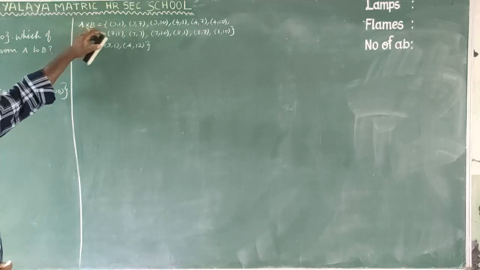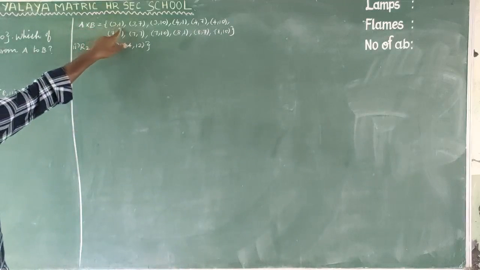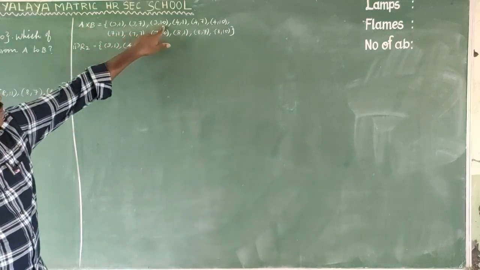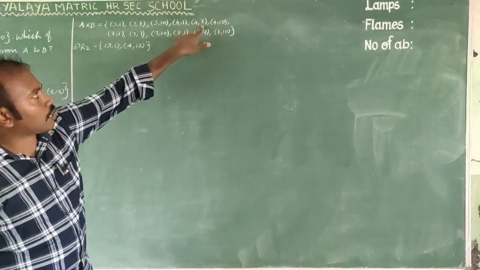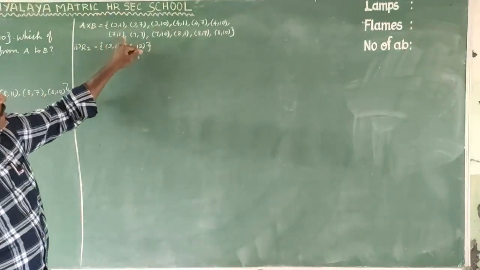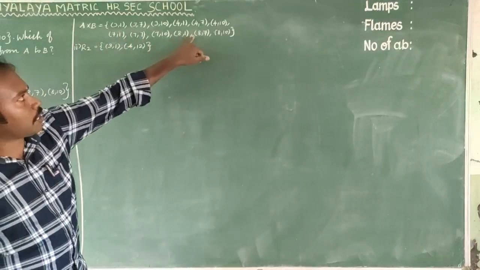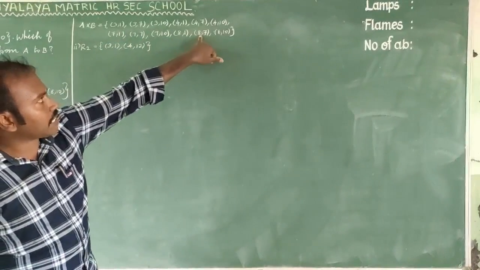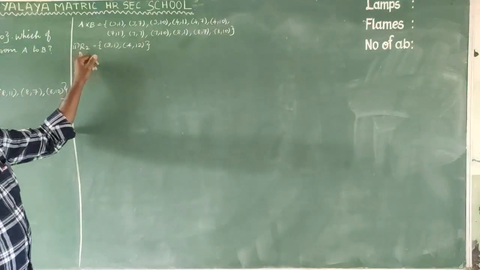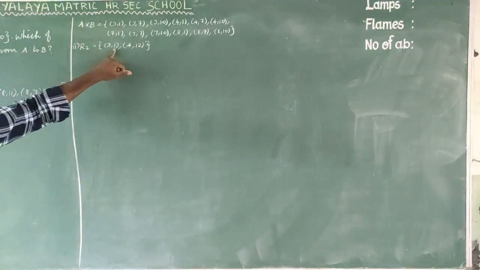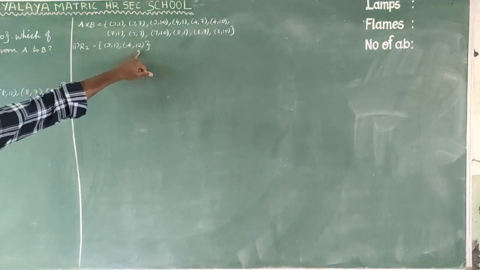We know the Cartesian product A cross B is (3,1), (3,7), (3,10), (4,1), (4,7), (4,10), (7,1), (7,7), (7,10), (8,1), (8,7) and (8,10). Here R2 = {(3,1), (4,12)}.